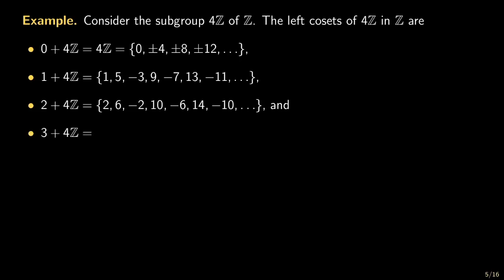Also, you can add a 3 and get this. These are the integers which leave a remainder of 3 when you divide by 4. Of course, I can keep on doing that. I can add 4 to 4Z, but if I do that, what will happen? You'll get 4, 8, what else?